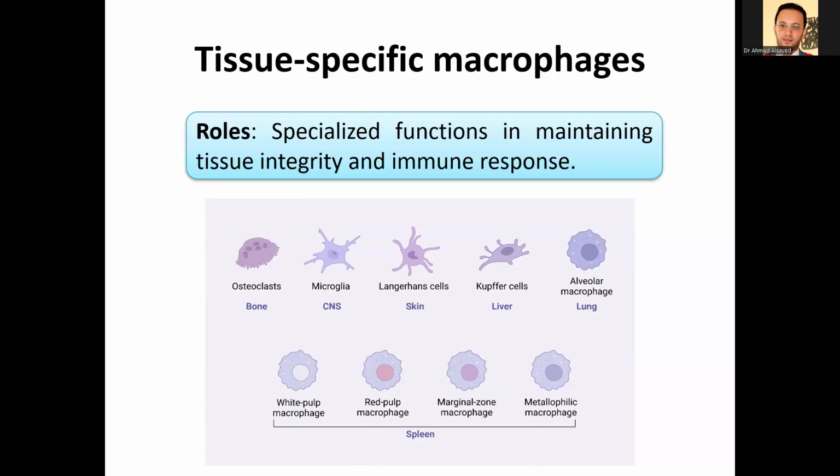So osteoclast is a macrophage. And also we have another example like Kupffer cells. It's also macrophage, but in the liver. Alveolar macrophage, as the name indicates, is also macrophage. So depending on the site, we have different phenotypes or different names of macrophage.